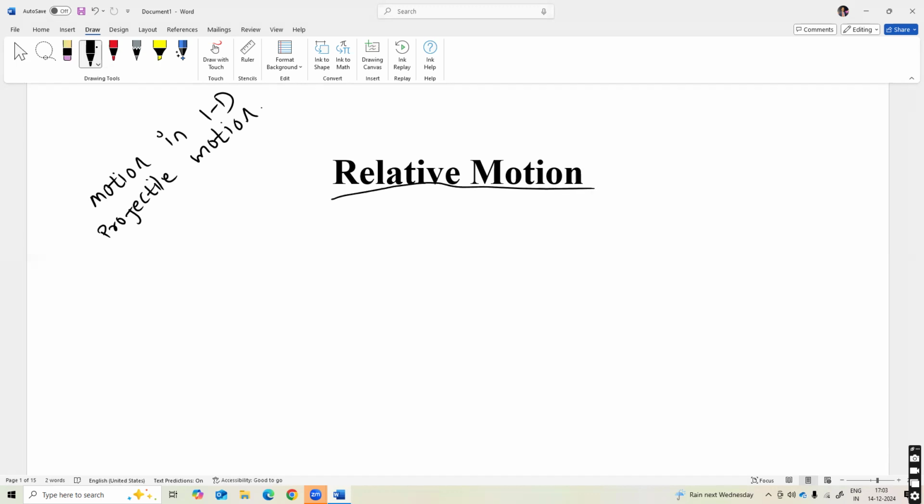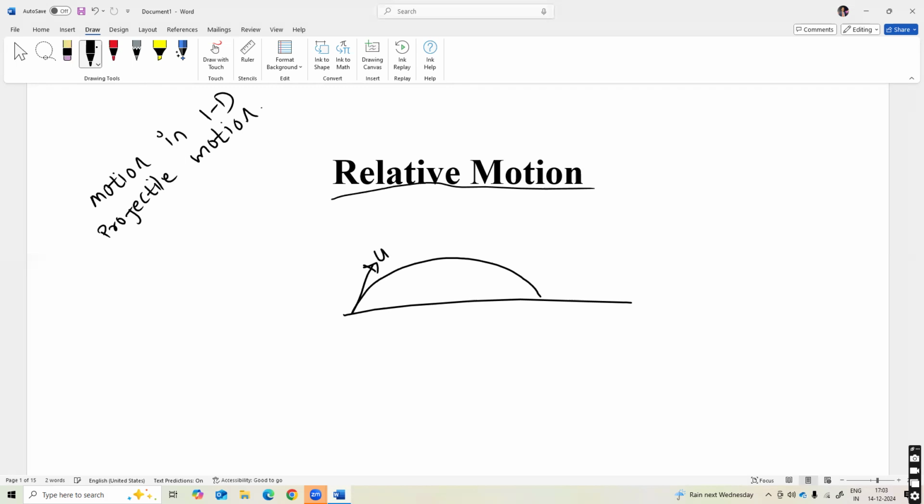So, what is the meaning of relative motion? Ideally speaking, all the motion which we are seeing is relative to some other thing. Like when we saw projectile motion, let's say this was the ground, and we have thrown some projectile at some velocity u.